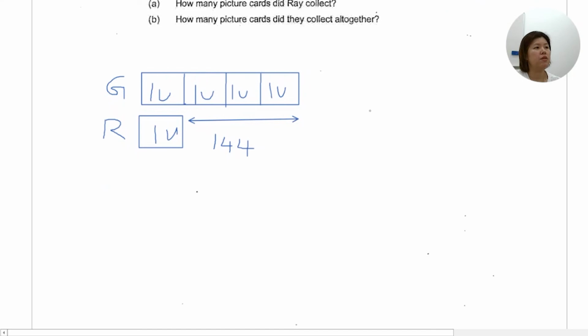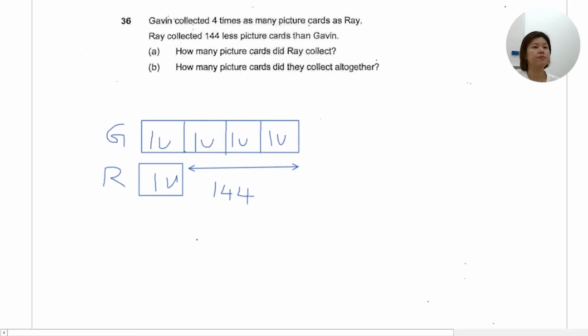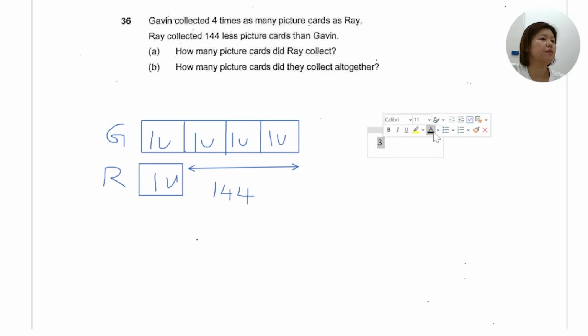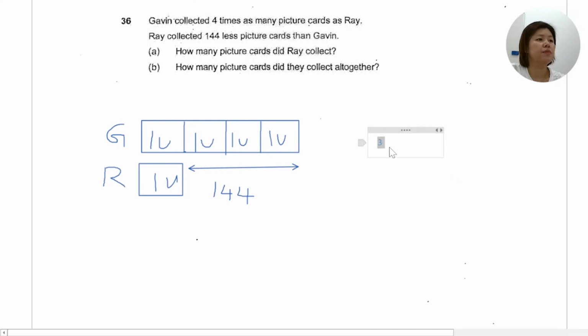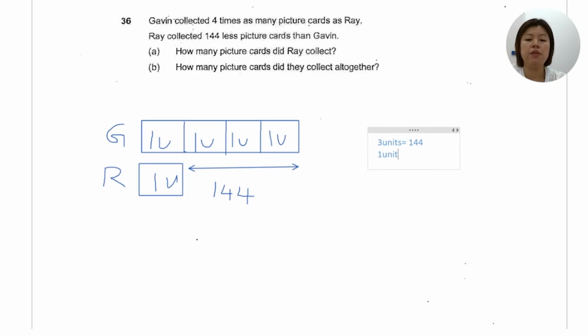So now we can solve. Three units is equal to 144. 1 unit is actually 144 divided by 3 equals 48.